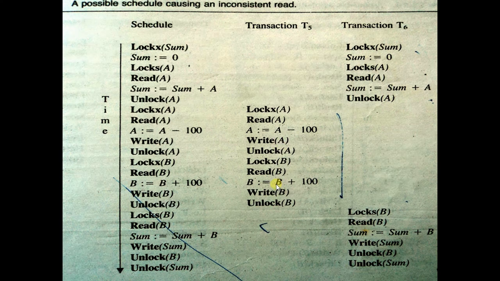It will add 100 to B. The value of B is 500, it will become 600. And when it releases B, this will read B. Now B is already 600, so it will read B as 600. And here the sum was 1000. So 1000 plus 600 becomes 1600, which is wrong, which cannot be possible.